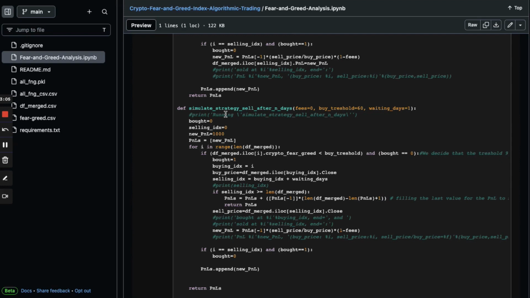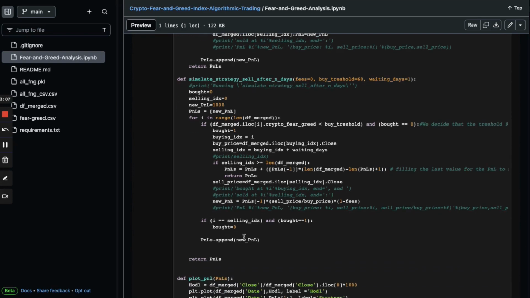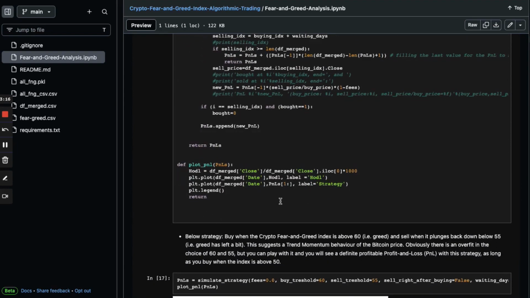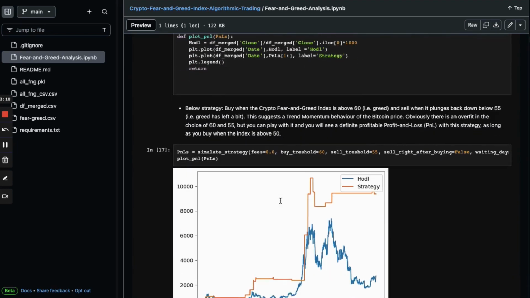So all of this can be done with this piece of code that I have written here. And then there is this function here to plot the PNL.